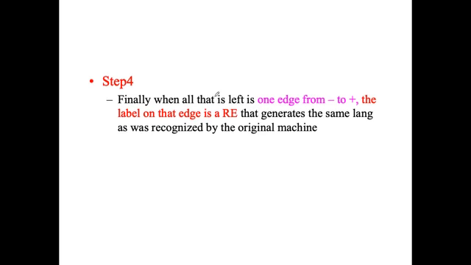Finally, when all that is left is one edge from initial to final, the label on that edge is a regular expression that generates the same language as was recognized by the original machine.